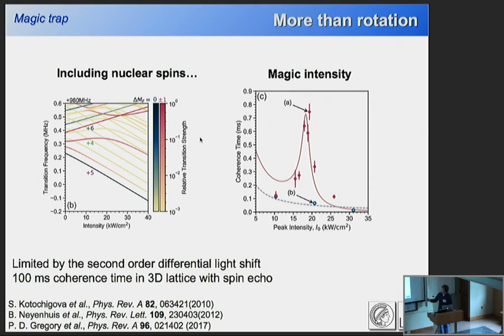If you consider molecular rotation including these nuclear spins, there are hundreds of hyperfine levels. They couple together, and also couple to rotation. So you get a highly intensity-dependent transition frequency between the two rotational states. This gives you a second-order differential light shift, and this limits the coherence time still to the 1 millisecond scale.